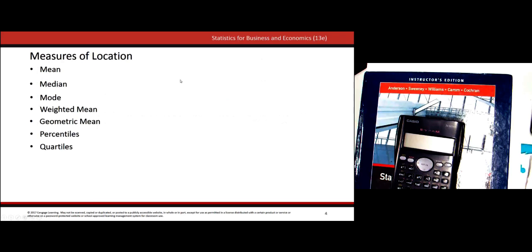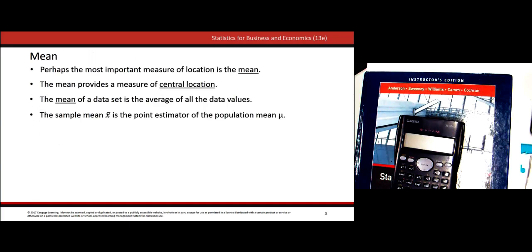We will discuss first measures of location and then measures of variability. We will discuss mean, median, mode, weighted mean, geometric mean, percentiles, quartiles. The mean is the most important measure of location.